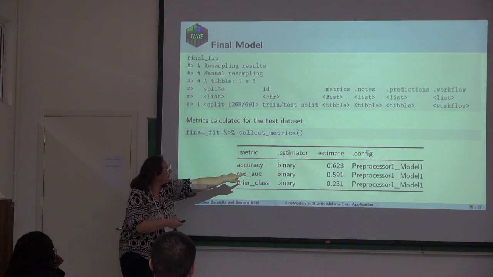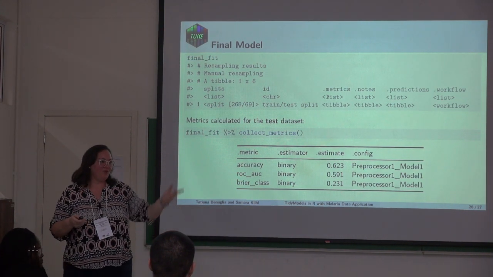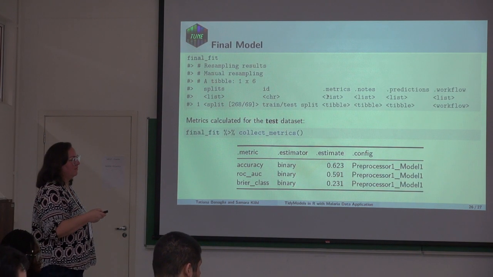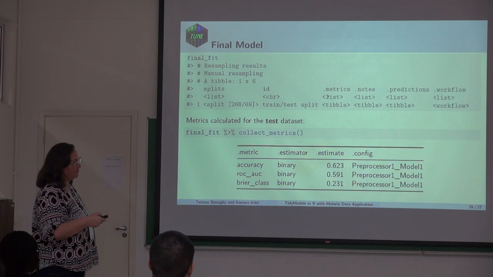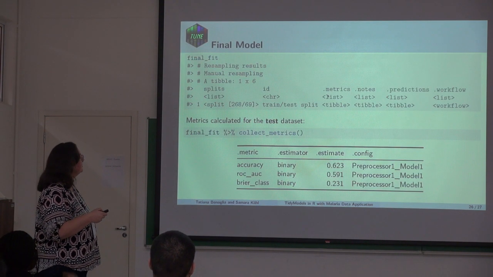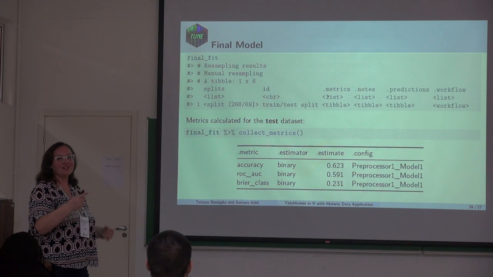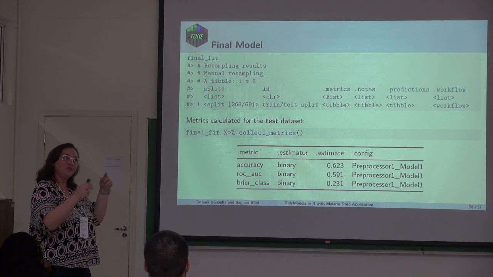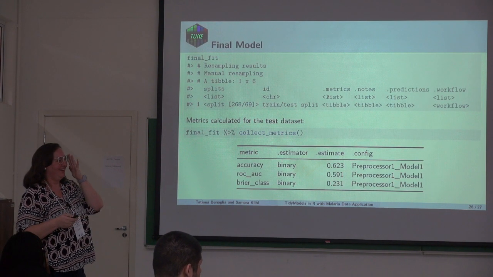In the test set, it's 62. That's what we had before, right? 64. Yeah, for the cross validation it was 64. But it was not 69. See how the cross validation is close to the test without using the test, right? That's when we say that the model is very optimistic.